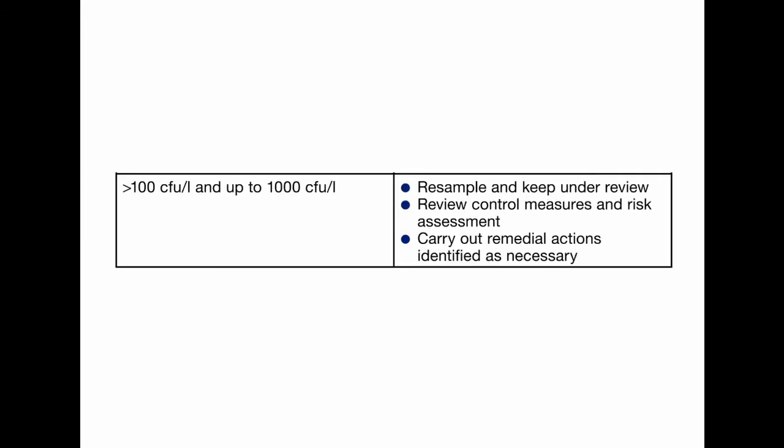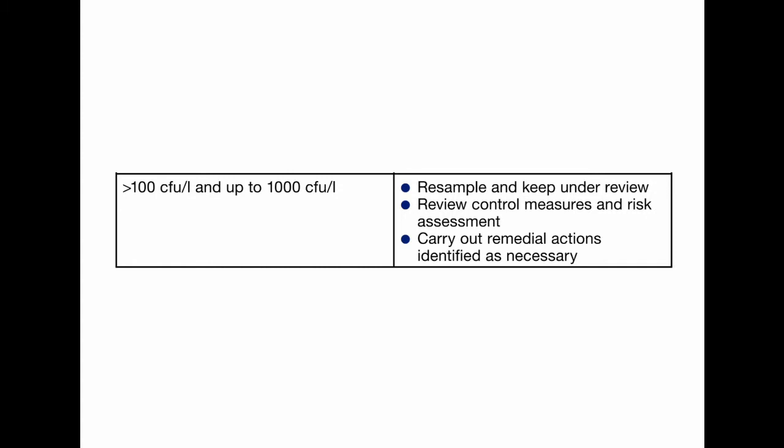So with 0 to 100 colony forming units, everything's okay. It confirms to you that the management system and the physical system as well is working effectively. If it goes above 100 colony forming units, there could potentially be an issue.